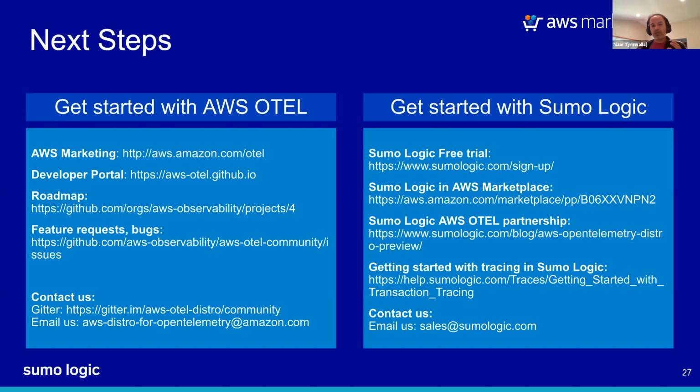The other area of investment is around supporting more languages. So we are expanding language support specifically on Lambda. Today we have Python. This month we are launching 2 more languages. The next month another 1 or 2 languages, and so on. So that's very Lambda specific.